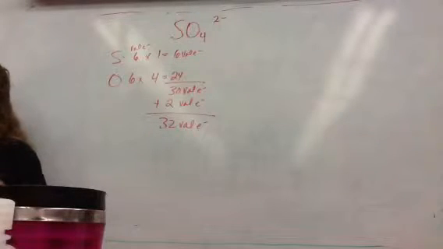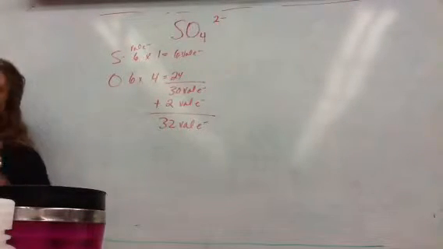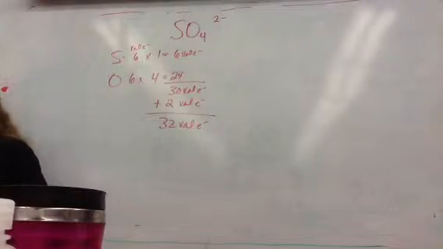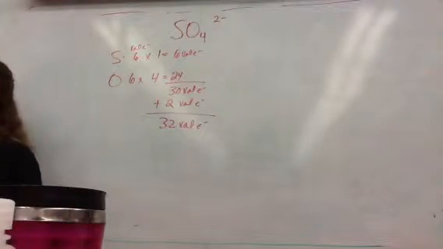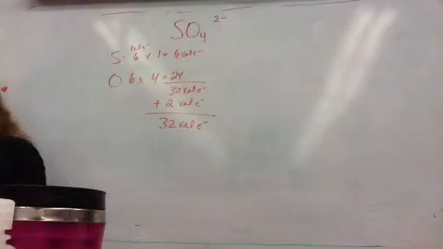If we have one of one thing and multiple numbers of something else, the thing that we have a single atom of will be central. Despite the fact that, yes, oxygen is more electronegative, sulfur is going to end up in the middle. They're relatively close in electronegativity, but whenever you have a single atom of something and multiple atoms of one other element, the one that you have a single atom of will end up in the middle.